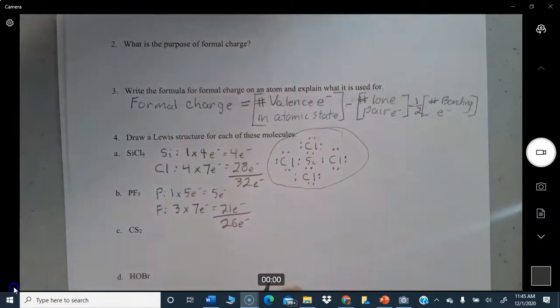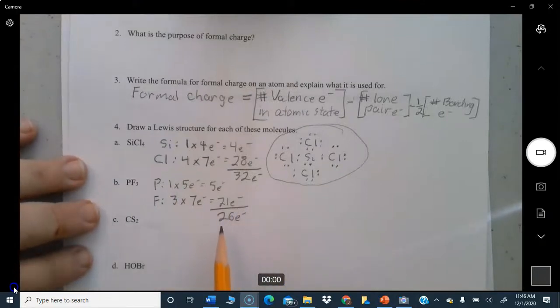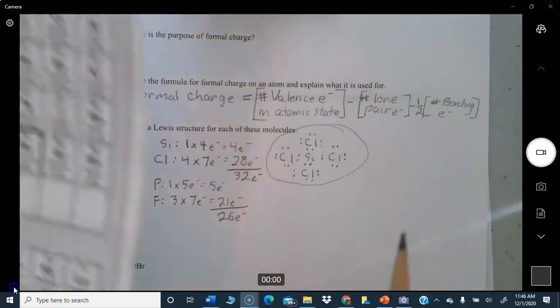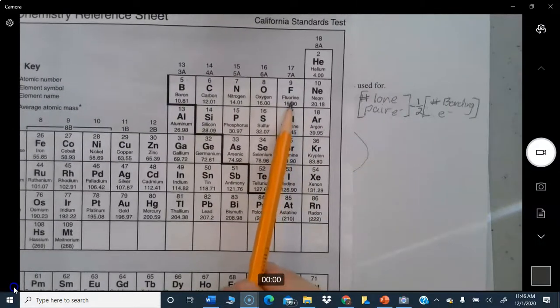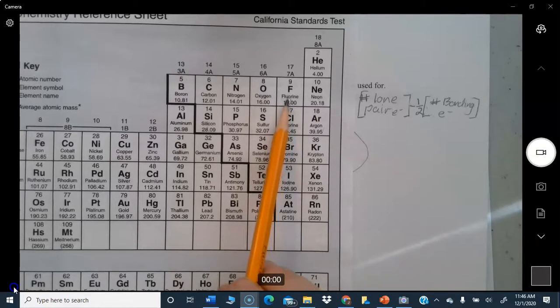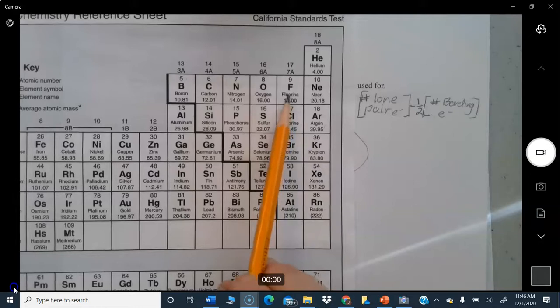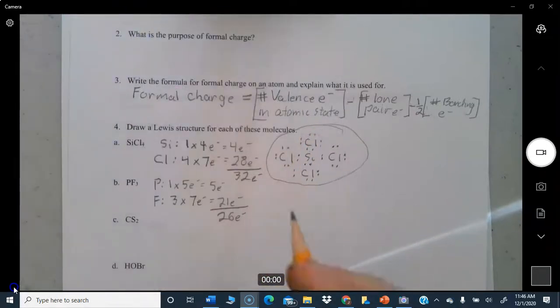All right, so we have to place 26 electrons for this molecule. Phosphorus is least electronegative, or if you go back to our rules, assuming you have those somewhere, you can always pull them up. Fluorine is never a central atom because it is the most electronegative element on the periodic table.